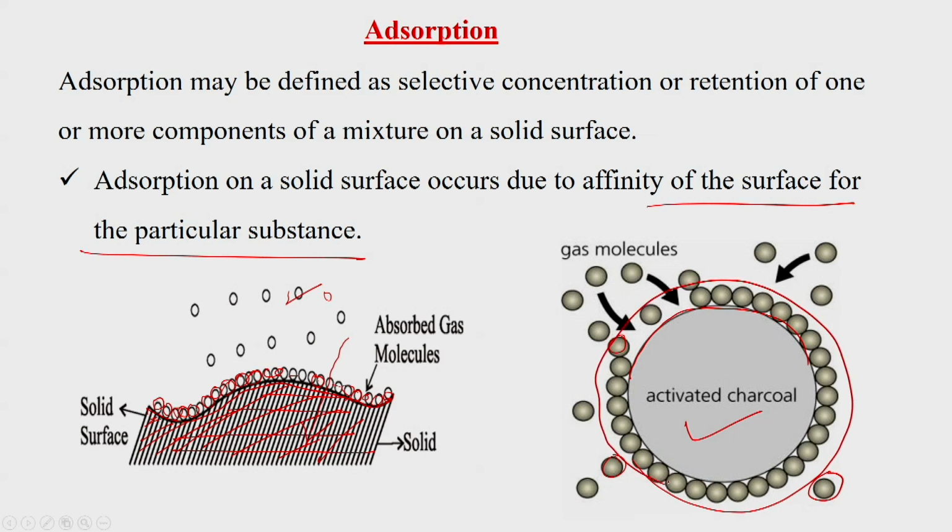Then we can separate the solid activated charcoal from the system to separate the particular gas molecules. So, selectively we can separate a particular target component from the mixture.